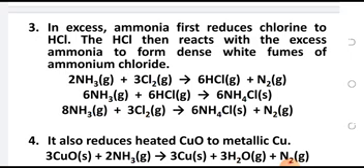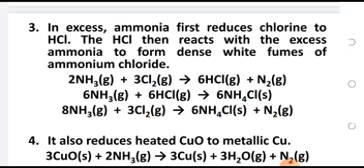The one in equation 1 is at the product side. The one in equation 2 is at the reactant side, so they can cancel out. Then you have left at the product side nitrogen gas and 6 moles of ammonium chloride. So what we are trying to say here is that ammonia reacts with chlorine gas to give us ammonium chloride and nitrogen gas.